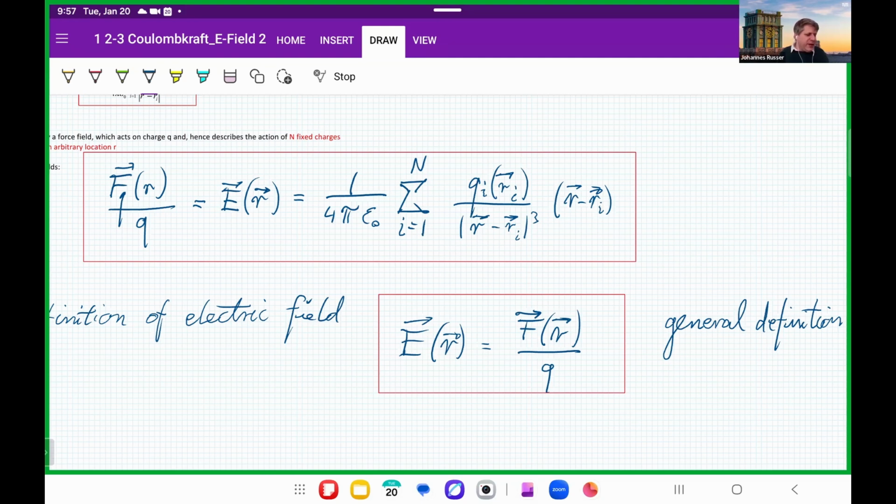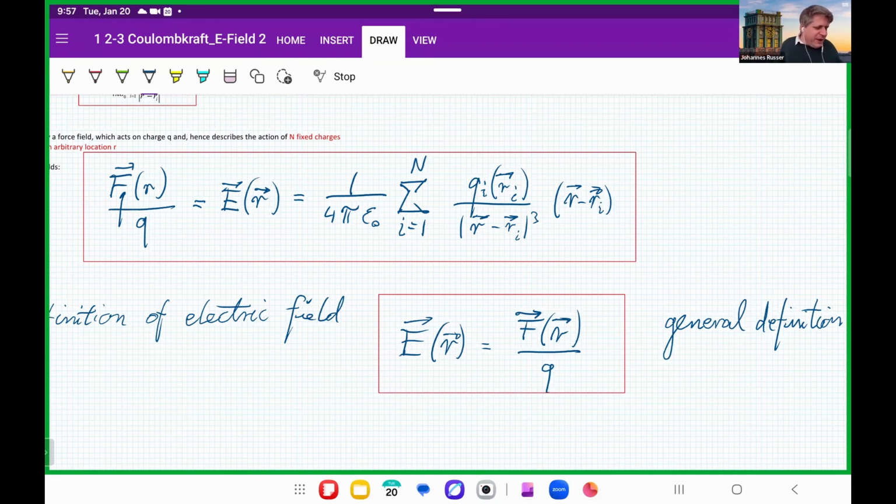So a charge within an electric field will experience a force, and in the absence of any charges, the electric field is not really something that you can experience. It only acts upon charges if they are present.